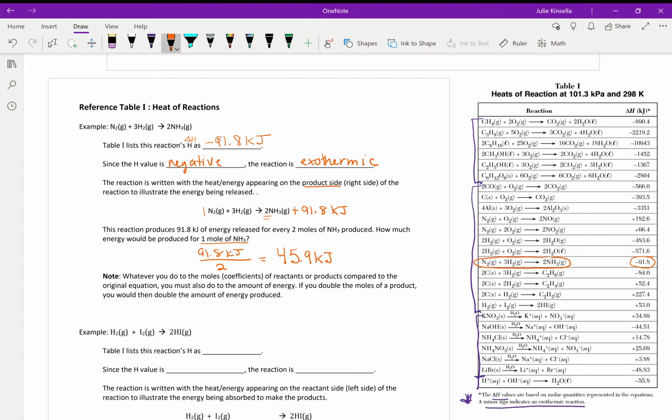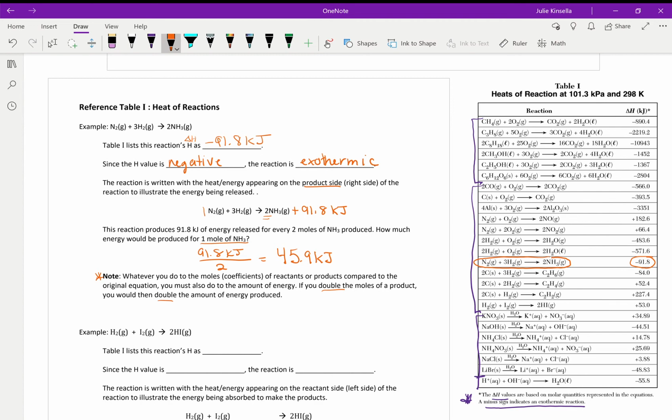You could almost set up a proportion similar to how we did mole to mole calculations earlier, but just as long as you can recognize either cutting it in half or doubling it or tripling it, you should be fine. So I just put that down in the note here. Whatever you do to the moles, your coefficients, which your moles are represented by your coefficients of reactants or products compared to the original equation, you also have to do the same thing with the amount of energy. So if I'm going from 2 to 1, I'm cutting the moles in half for my equation, so I'm going to cut my energy in half. If I were to double the moles of a product, then I would double the amount of energy produced.